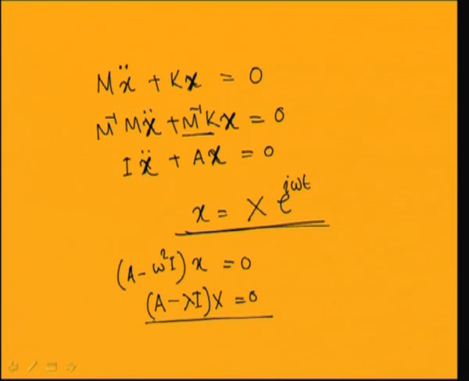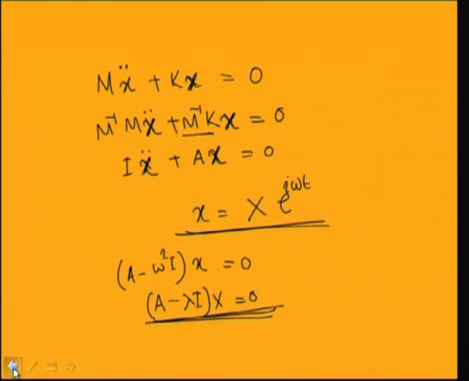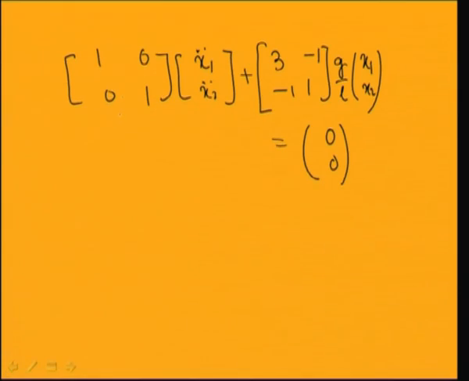So, already you know this is a familiar eigenvalue problem. In this case you can obtain lambda by finding the eigenvalues of this matrix A, or you can find the frequencies by setting the determinant of A minus lambda I equal to 0.